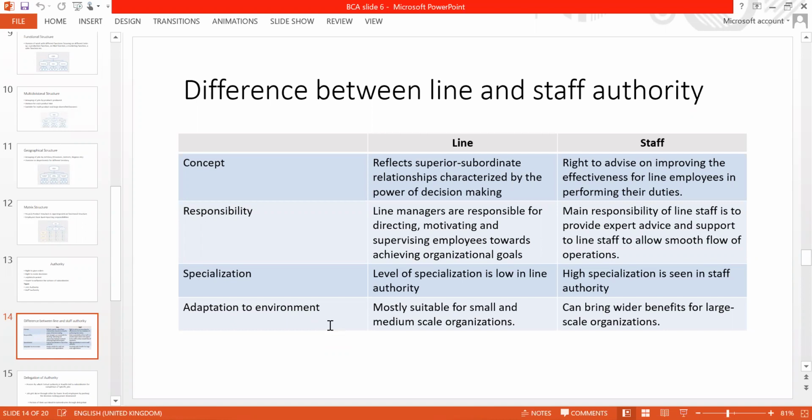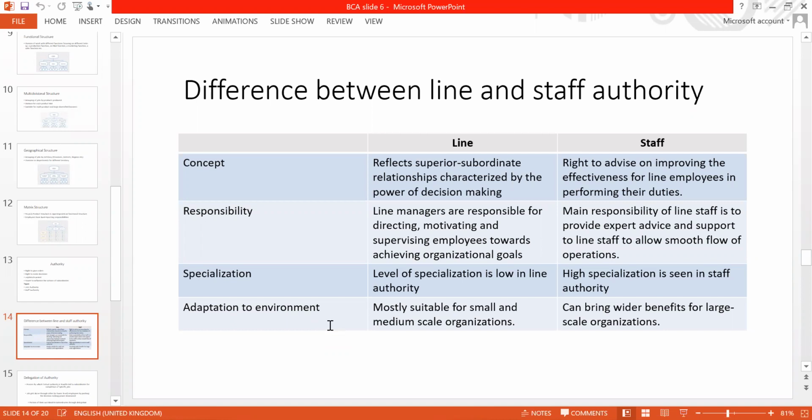Let me give you an example of line authority, in a college. In a college, there is the line that does the main work according to the organization's objective.